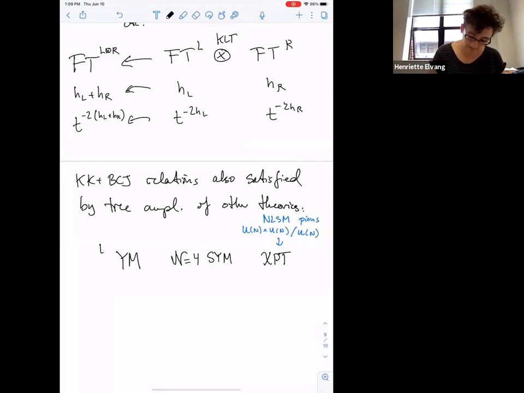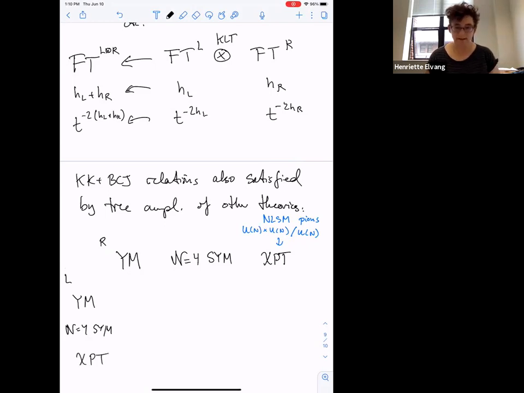So let's say that this is the left sector and this is the right sector, just to keep it logical. Left here, right there, I can put in Yang-Mills, I can put in N=4 super Yang-Mills, and I can put in chi-PT. So we know what I get when I do Yang-Mills with Yang-Mills: I get gravity, and let me call it gravity plus as an indication that the dilaton and axion are also there.